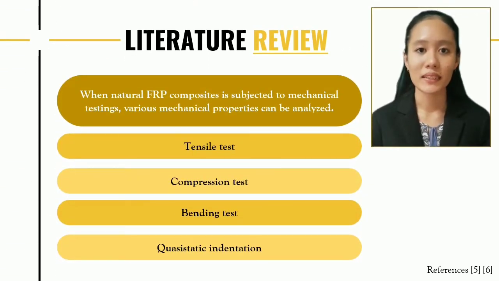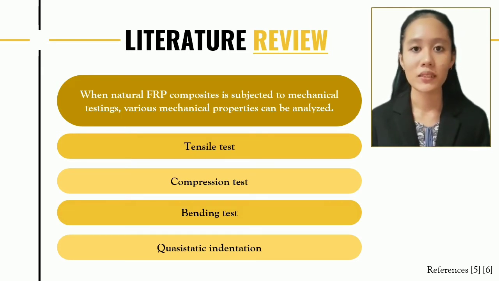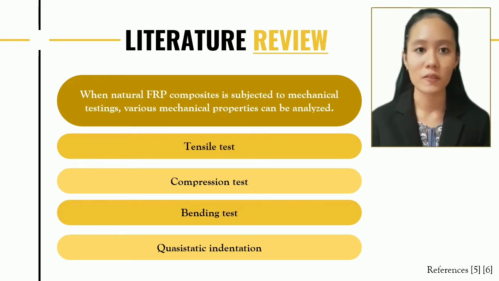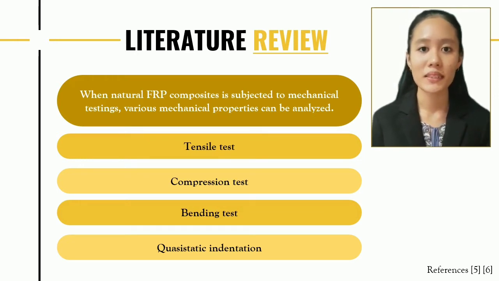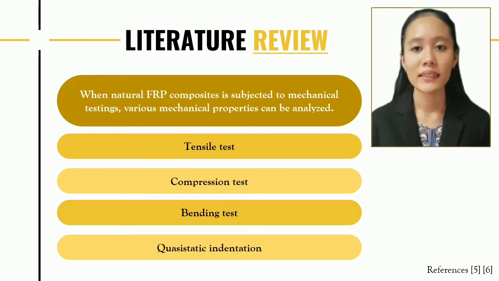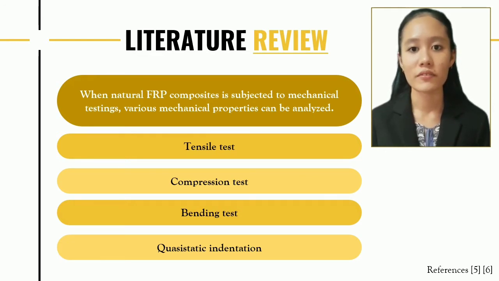When a sample such as natural FRP composite is subjected to mechanical testing such as tensile, compression, bending, and quasi-static indentation, various mechanical properties can be analyzed. Tensile tests and compression tests are usually conducted to determine the strength of the material and the Young's modulus. The tensile and compressive properties of natural FRP composites are highly dependent on the fiber content and its orientation.